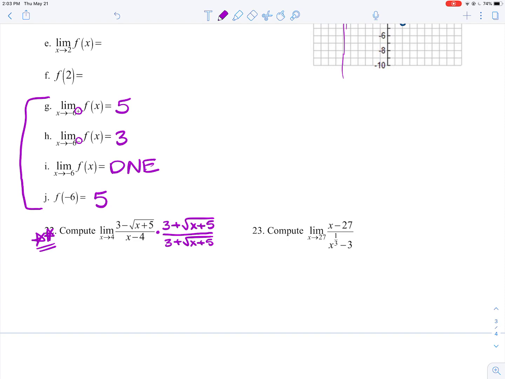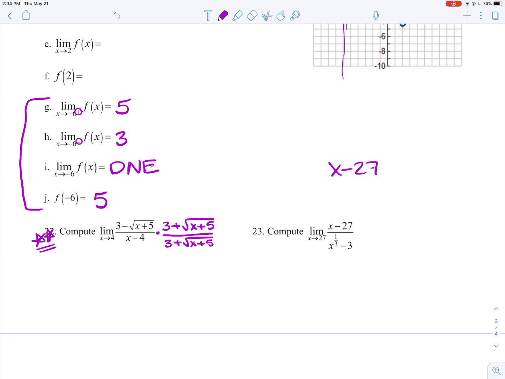In number 23, my hint to you is x minus 27 is the same thing as x to the 1/3 raised to the 3rd power minus 3 to the 3rd power. And so this is difference of cubes.